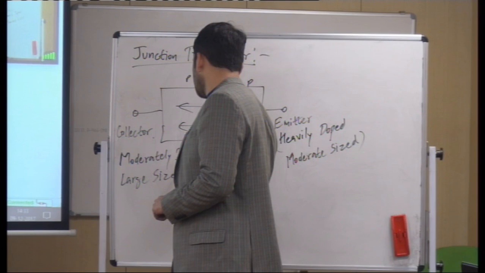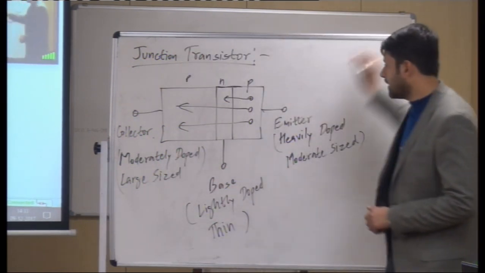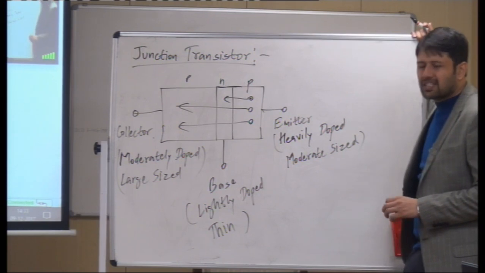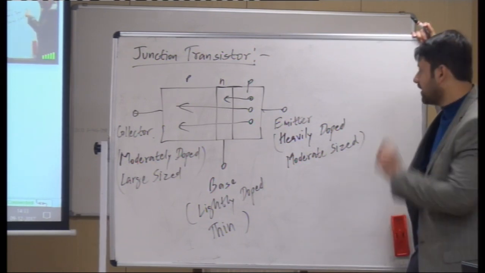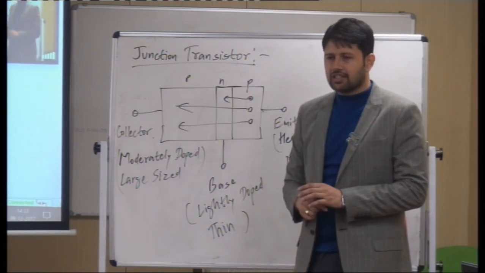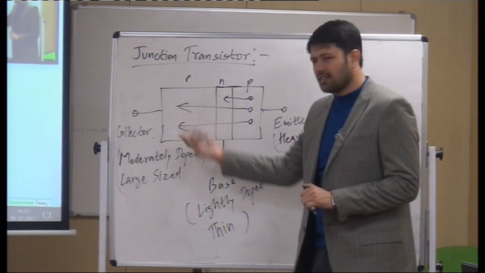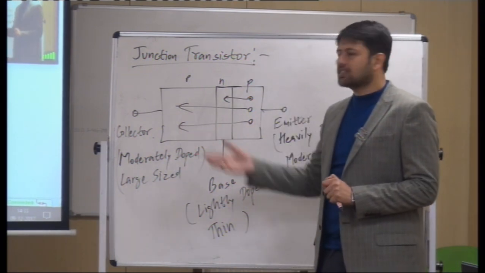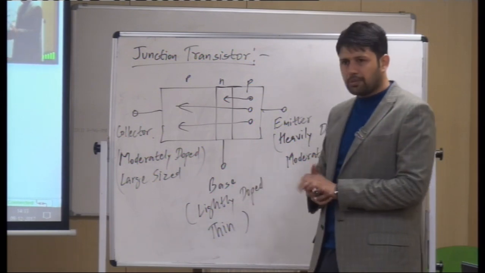The emitter is the source, you want a large amount of charge carriers from there, so you need it to be heavily doped. But the collector has to collect those moving charge carriers, so you don't need it to be heavily doped. It would be meaningless to dope it heavily, it becomes costly, right? So you dope it moderately.